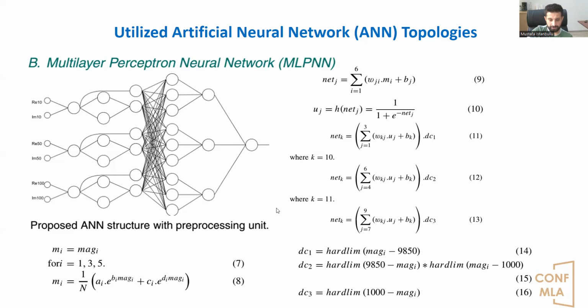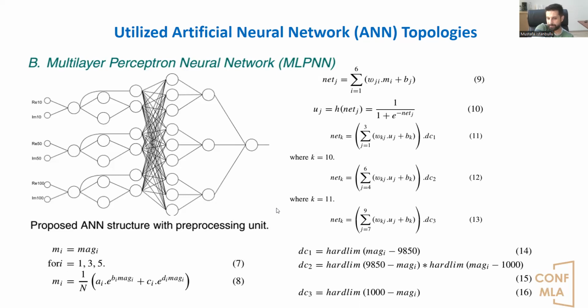For i equal to 2, 4, and 6, the index i represents the neuron numbers of the third layer, where they are enumerated from 1 to 6 in ascending order. The net calculations of the third layer are given in equation 9, where j equals 1 to 9 and Bj is the bias value.